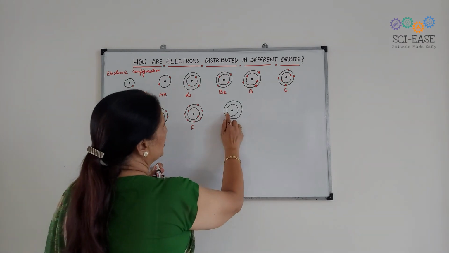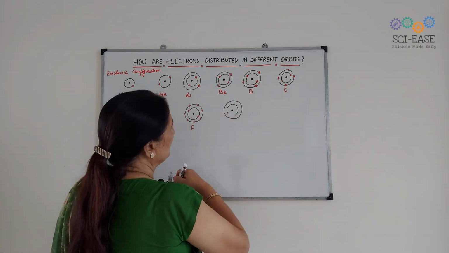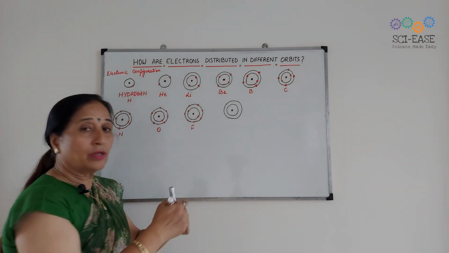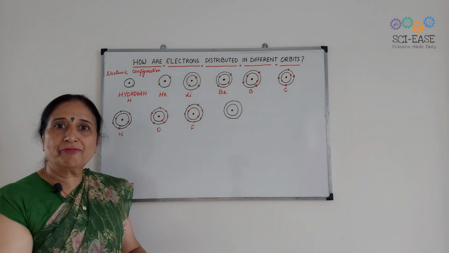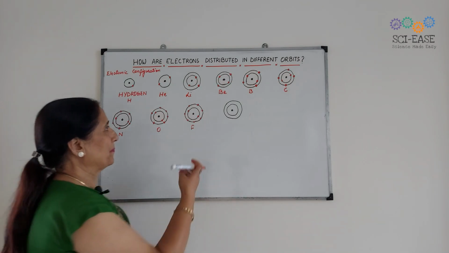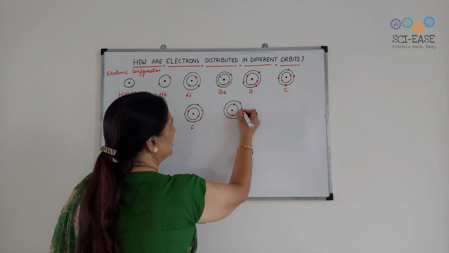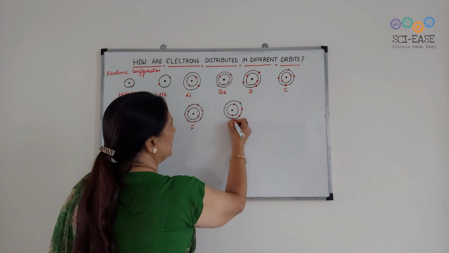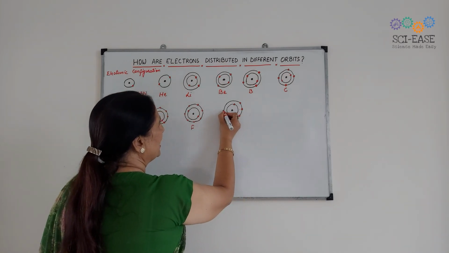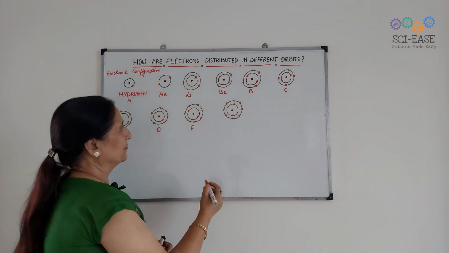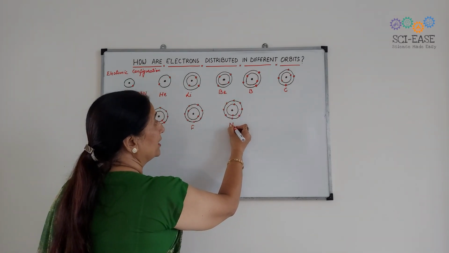It should be a clear circle. So what is the electronic configuration? 2, 8. So this is 2, and 1, 2, 3, 4, 5, 6, 7, 8. This is neon, Ne.